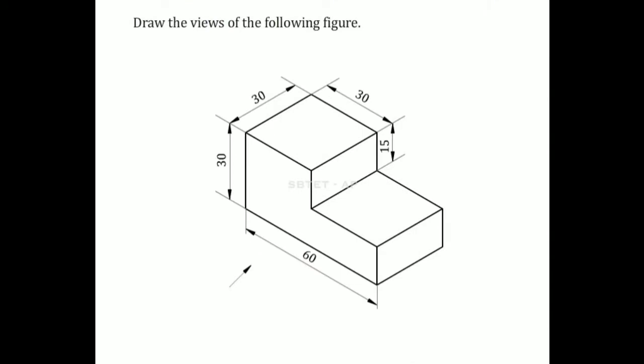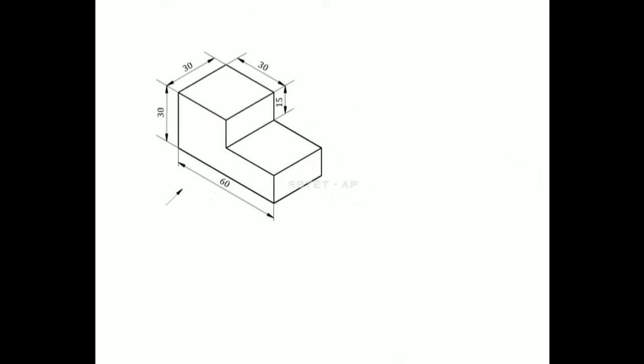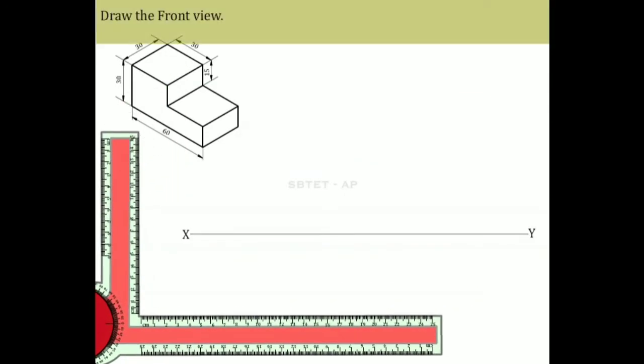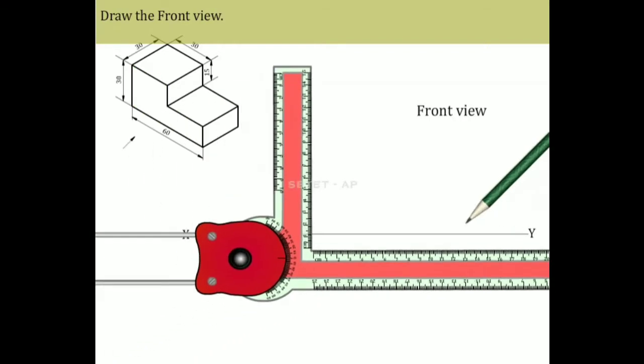Thus, we have to draw the three orthographic views of an object for which the pictorial view is available. Draw the front view showing the front surface of the object. Conveniently represent some of the dimensions.